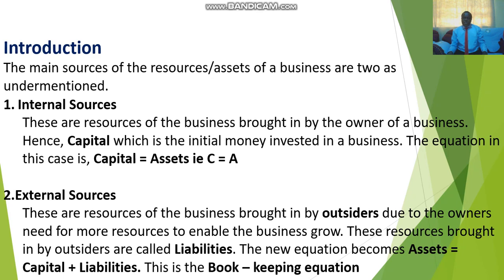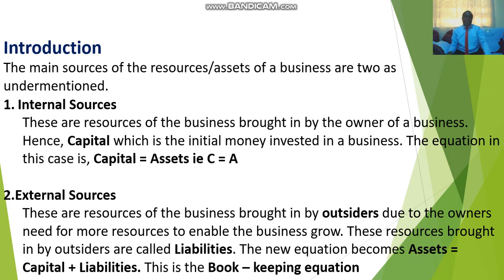The resources or assets of a business have two sources, that is, the owner and the outsiders. The owner is what we call the internal source. So when one wants to start a business, especially a smaller one, he will take money from his pocket, which is cash, and put it into the business as capital.